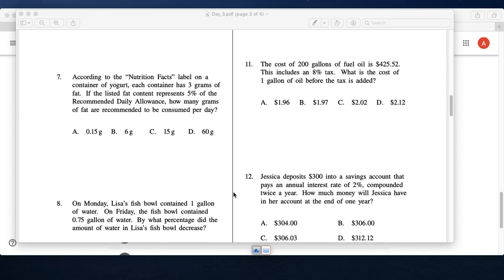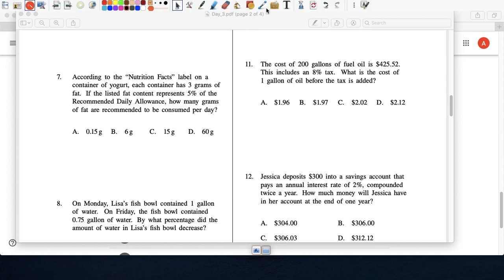So 3 grams represent 5%. So it says, hey, I have 3 grams of fat here, right? And 3 grams of fat is actually 5% of your recommended daily allowance. So that means that you obviously can consume more than 3 grams of fat, right?